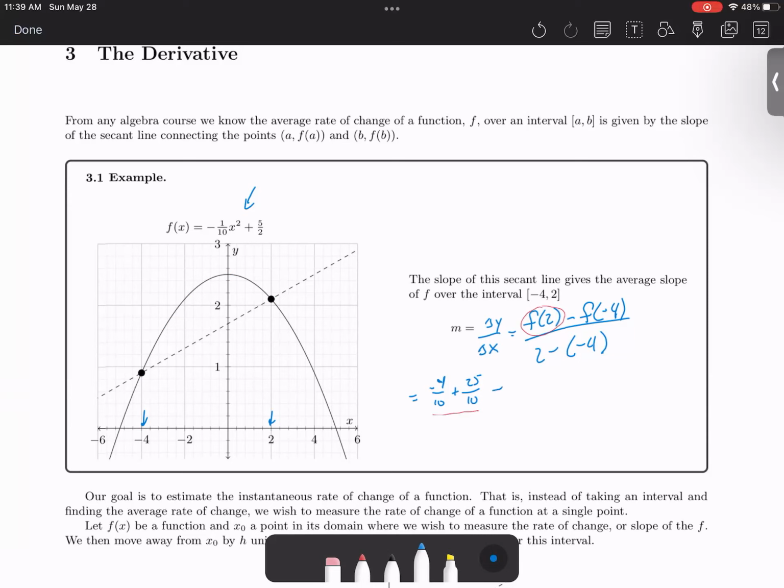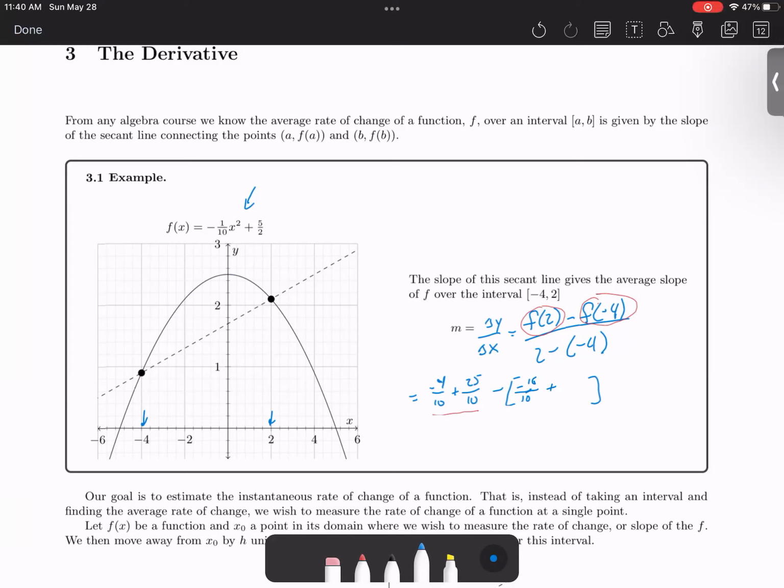I'm then going to subtract off the function value at -4. My function value at -4 is -1/10 times -4 squared, which is 16, and then plus 5/2.